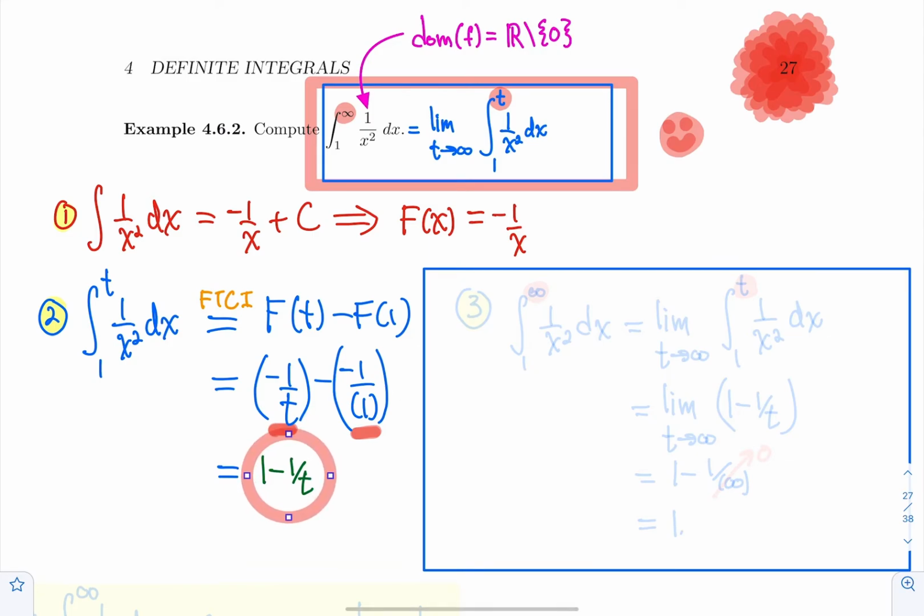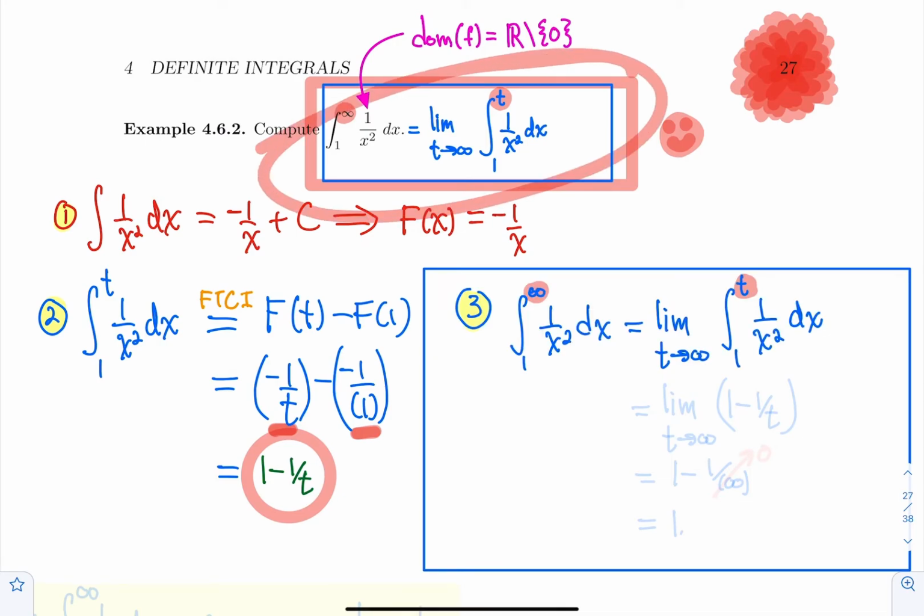And now the third step is to actually compute the limit of this definite integral. So we want to compute the integral from 1 to infinity of 1 over x squared dx. We know by definition, this is the limit as t goes to infinity of the integral from 1 to t of 1 over x squared dx. So that's the definition that we wrote initially.